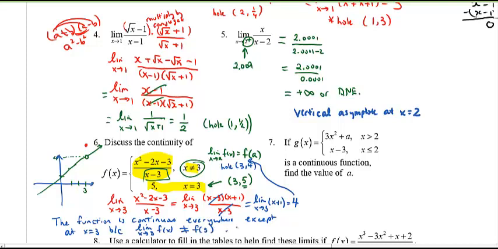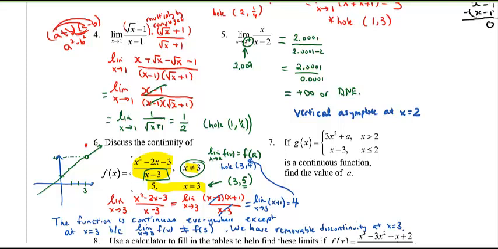And in this case, note, we have a removable discontinuity at x equal to 3. All right, so that's how we can talk about continuity for a given function. I've shown it to you visually, also algebraically, and make sure you write a nice statement out here too.